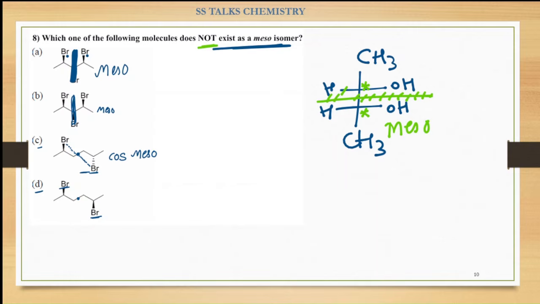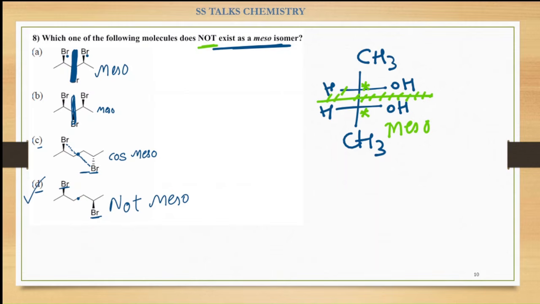But when both are at the wedge or both are at the dash, the center of symmetry is not going to be present. So this is not your meso species. Also, you can see there is no plane of symmetry and no center of symmetry. Due to that fact, it is not a meso species. So the correct answer will be the D molecule.